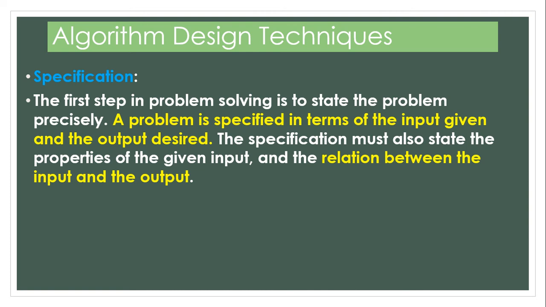When you apply those properties, you will get the desired output. So this is the relation between the input and output. So the specification has to give the inputs, tell the desired output, and mention the relation between the input and output.